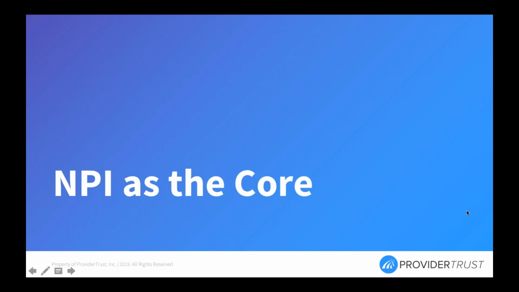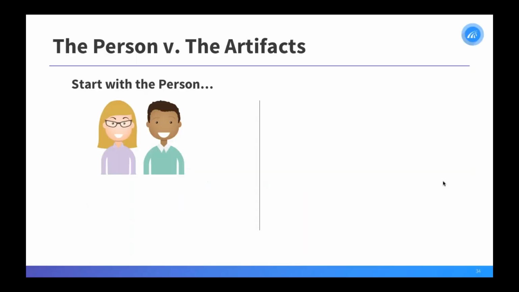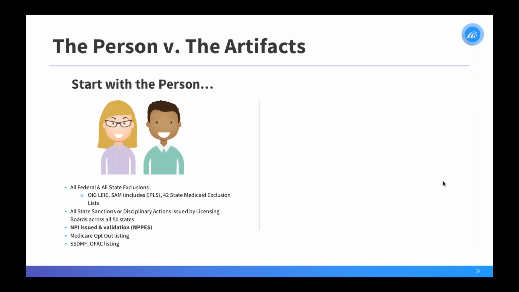As a baseline to anchor to, our philosophy when it comes to really accurate provider data is putting NPI at the core of your monitoring. What do I mean by that? It's to separate the person from the artifacts. If you start with the person, and again, I'm using this in the sense of an individual provider, things like federal and state exclusions are associated with a person, not necessarily an NPI number.